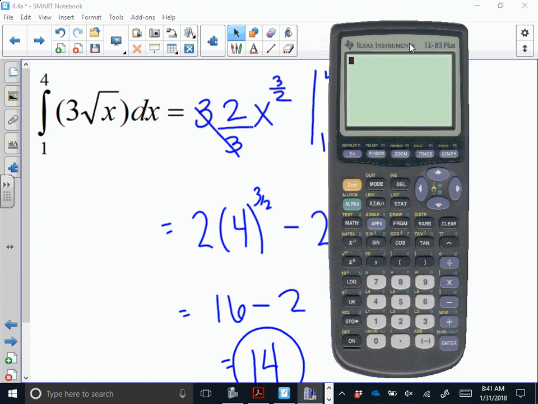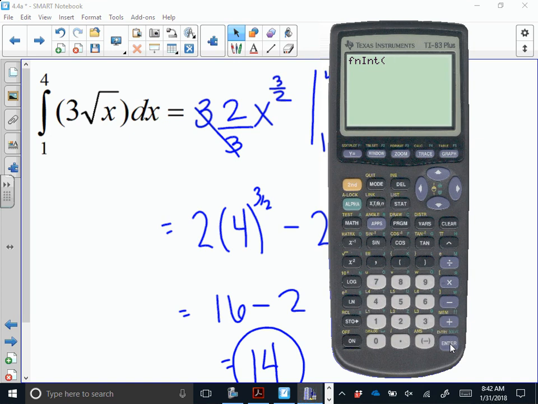Math 8. Look at this. Math 9 says FNINT. So math 9. Now, if you have an 84, it just gives you all the things to type in.